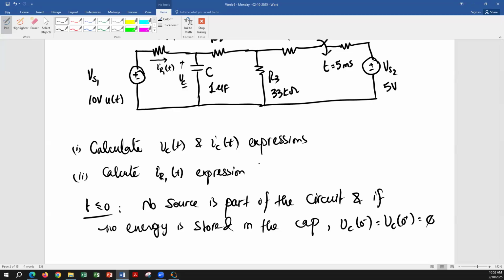So there are two changes happening here. What are those two changes? One change at t equal to 0. What's happening at t equal to 0?